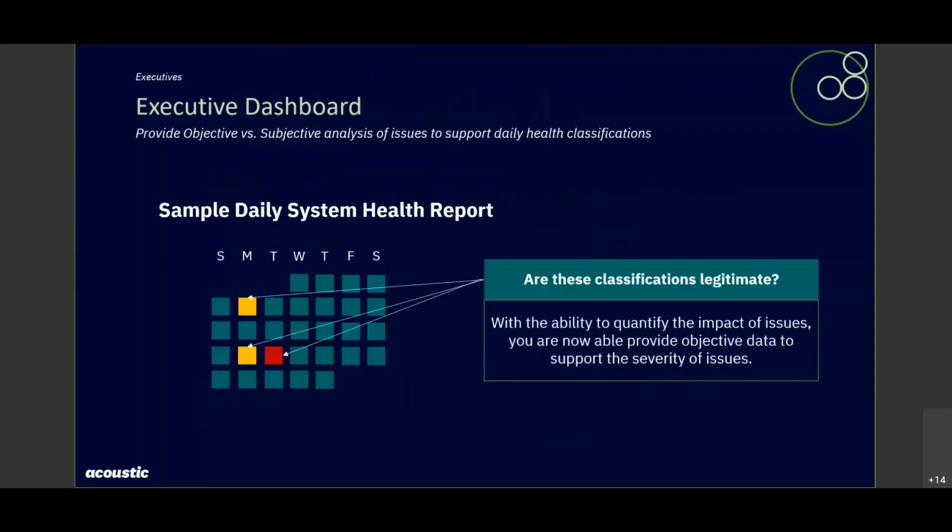And then lastly, your executives. Executives probably aren't going to use the tool directly, but they'll love the information. Most organizations are going to have an operational, maybe a daily meeting where you review the prior day. Did you have any issues? If you did, what was the impact? How significant were they? And oftentimes you score your day.